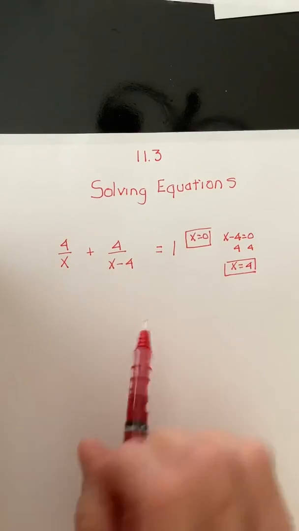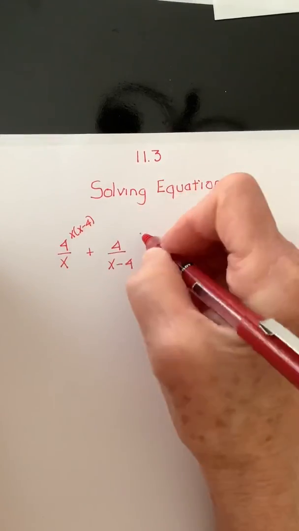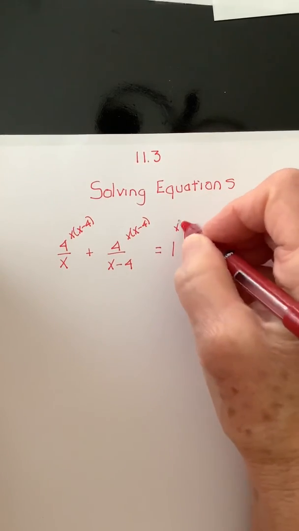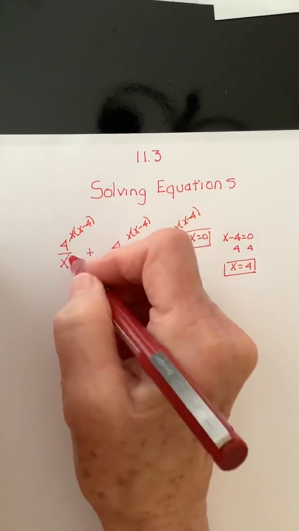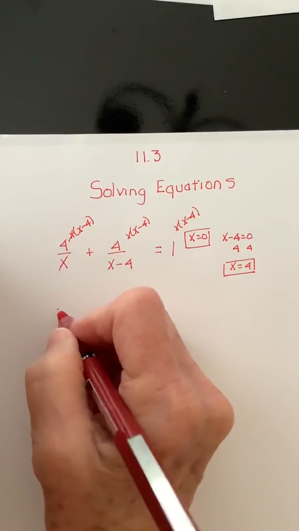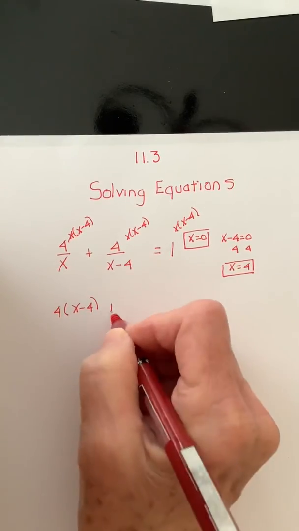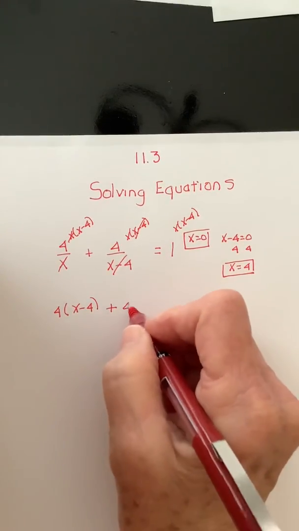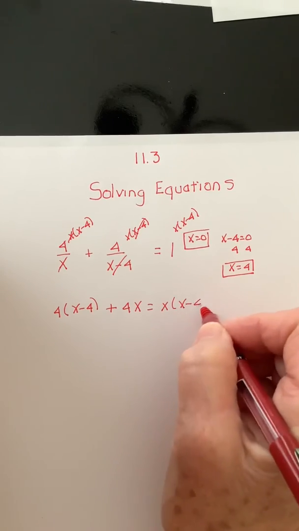Our common denominator is x times x minus 4. Okay, so the x's, x over x is 1. So we have 4 times x minus 4 plus x minus 4 over x minus 4 is 1 plus 4x is equal to x times x minus 4.